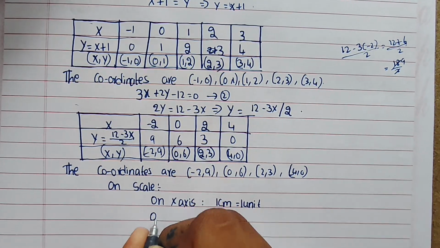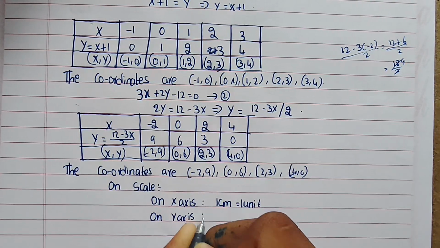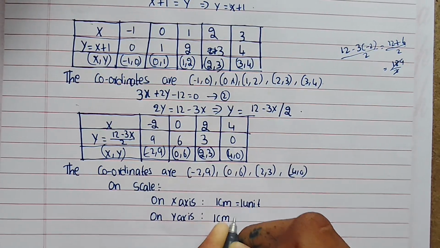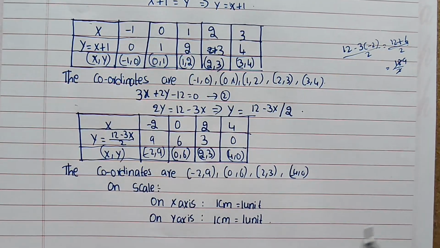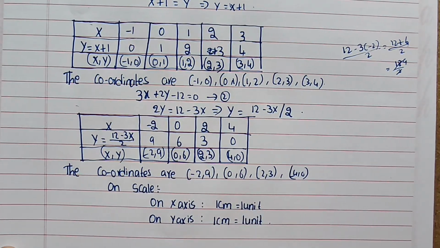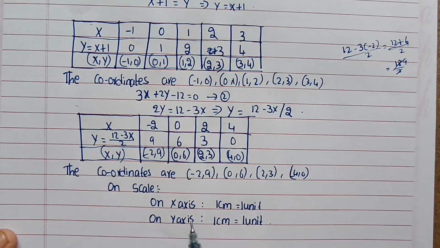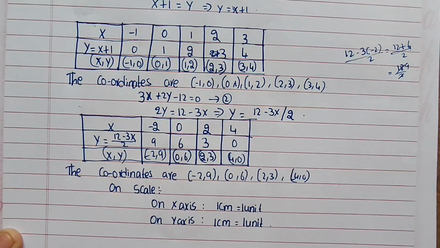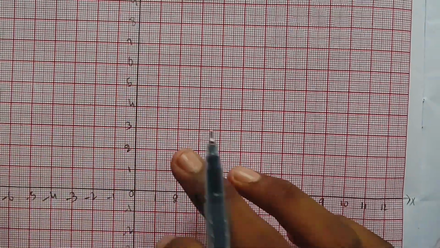Like that, on the y-axis I am taking 1 centimeter equals 1 unit. So we got 1 centimeter equals 1 unit for both the x-axis and y-axis. This is the scale. Now let us draw the graph. So here this is the graph.